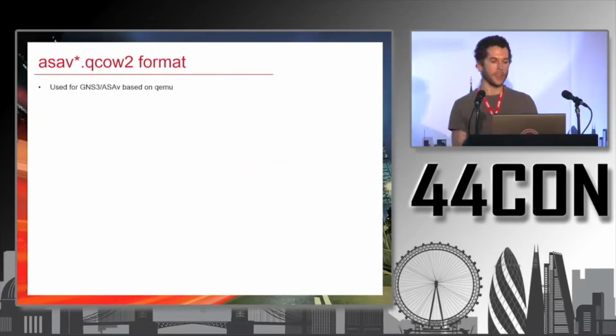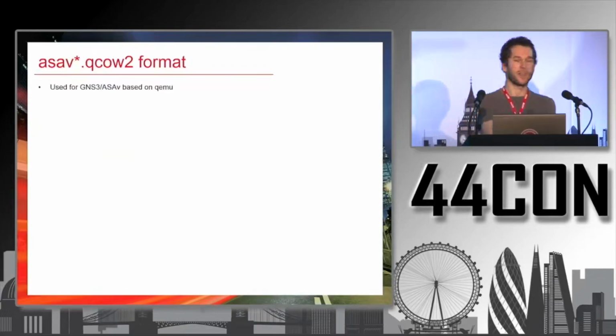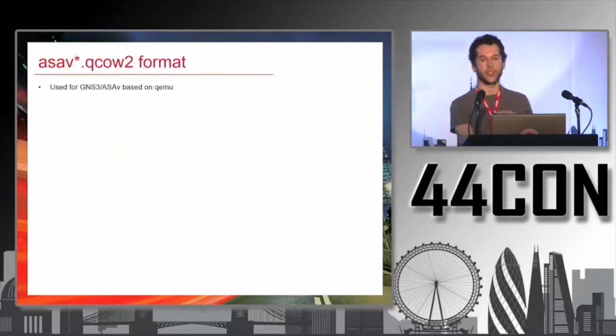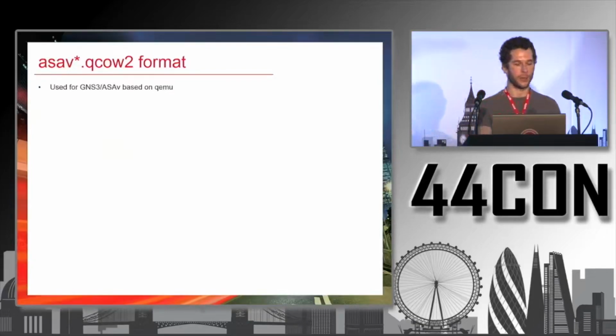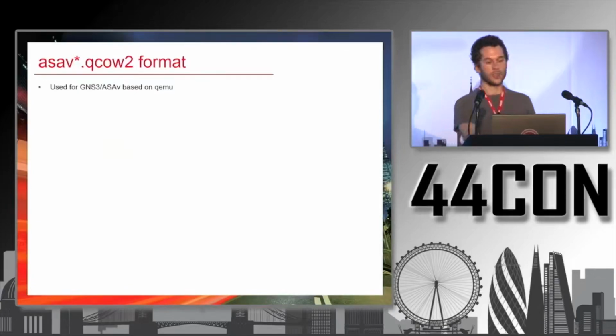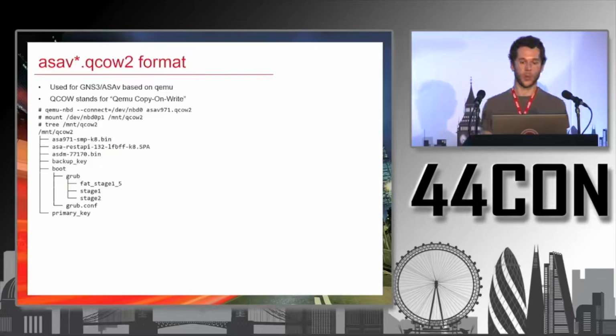For the QCOW format, we were like, okay, we're going to have to do something similar, but QCOW is actually a well-known format used by QEMU. It's basically a way to have different partitions, and QEMU will handle these different partitions. Because GNS3 is based on QEMU, you can use standard QCOW tools.